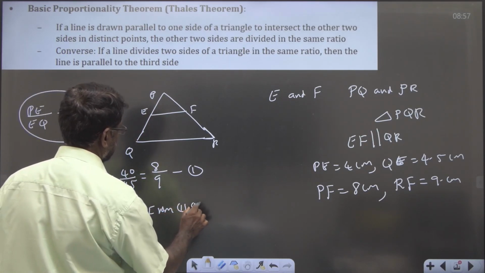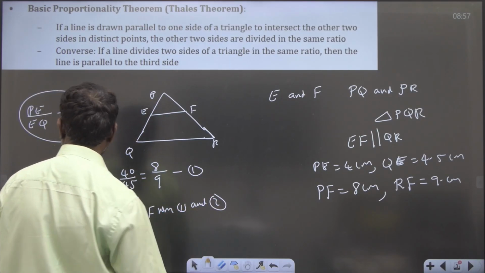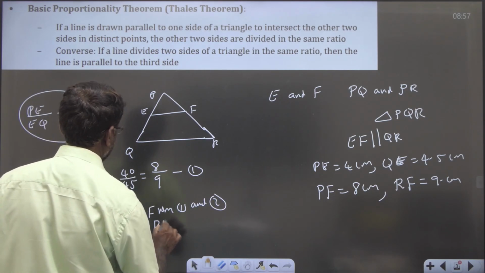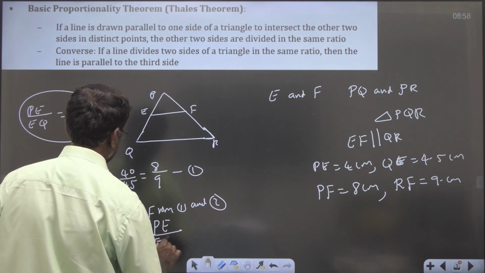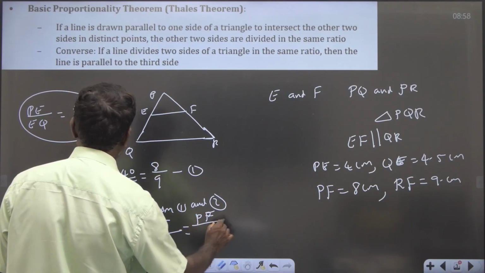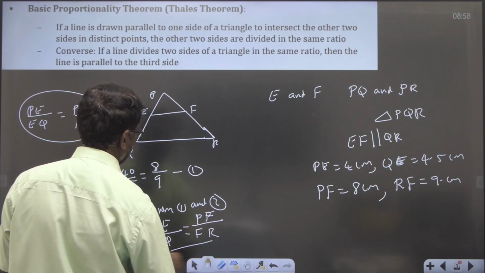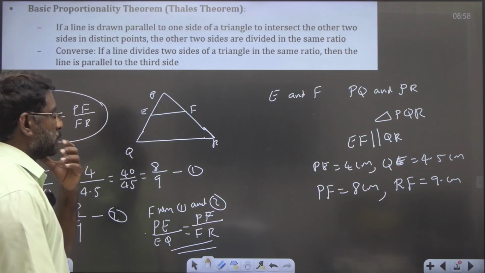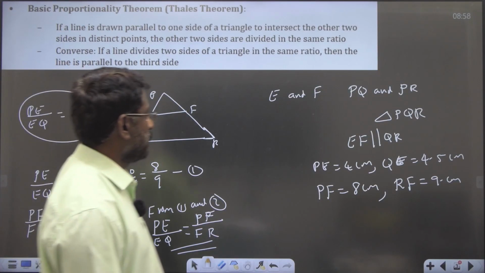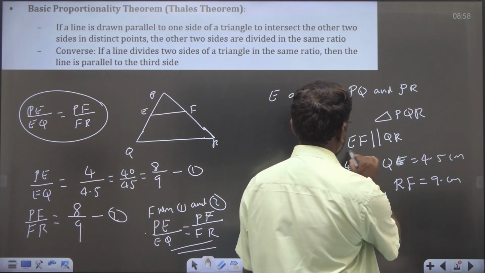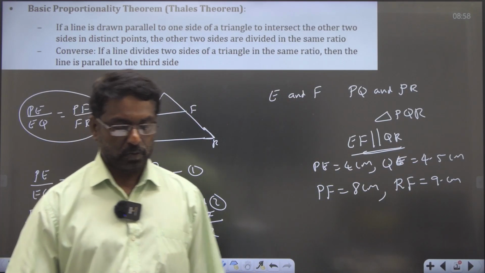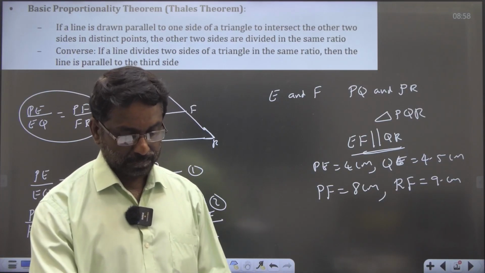So, using the basic proportionality theorem, we have EF parallel to QR. This is the answer.